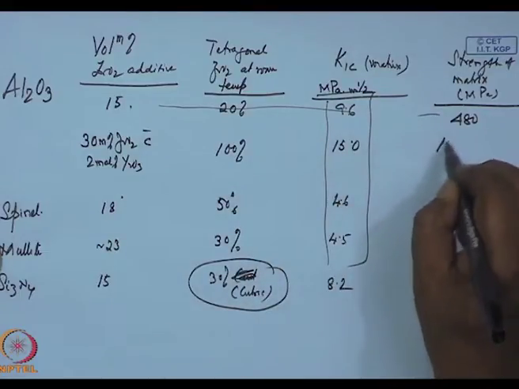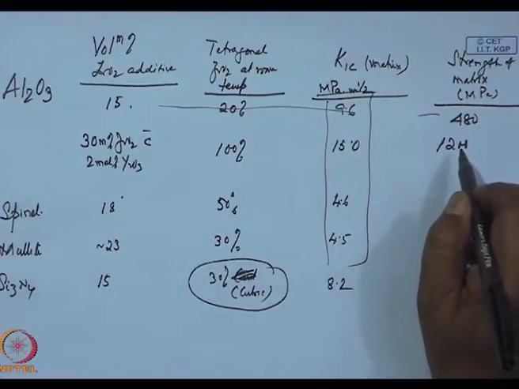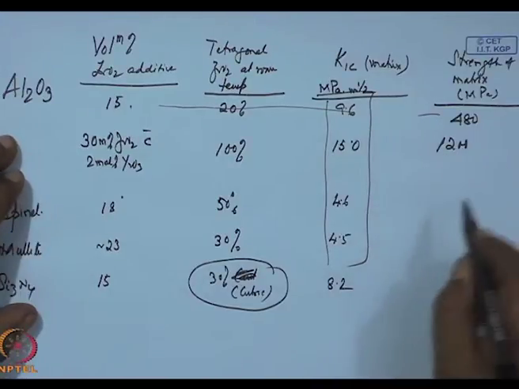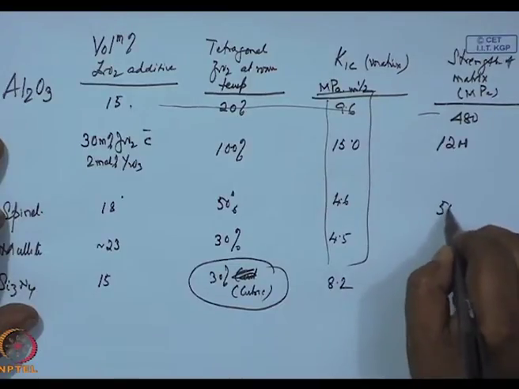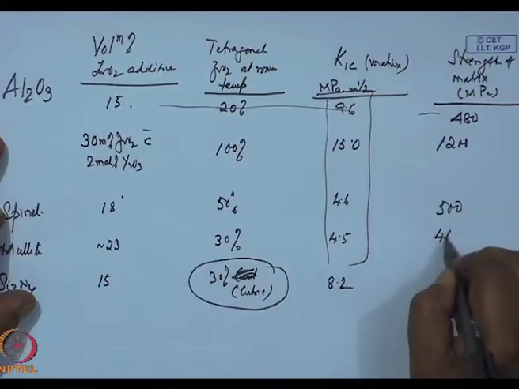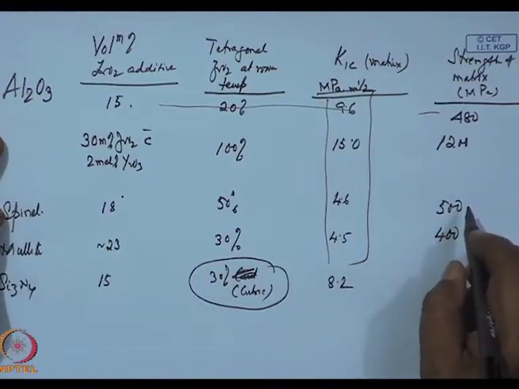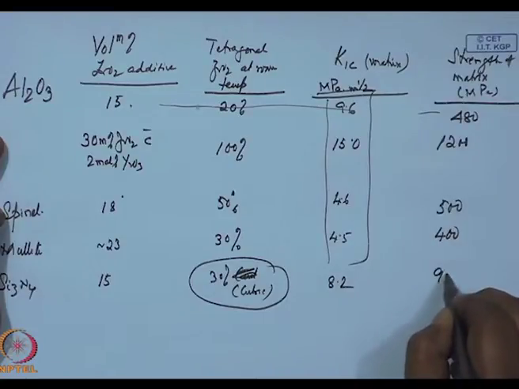This one would be around 1200 megapascal. For the spinel, it would be 500 megapascal. For the mullite, it should be around 400 megapascal. And in silicon nitride, it will be around 940 megapascal.